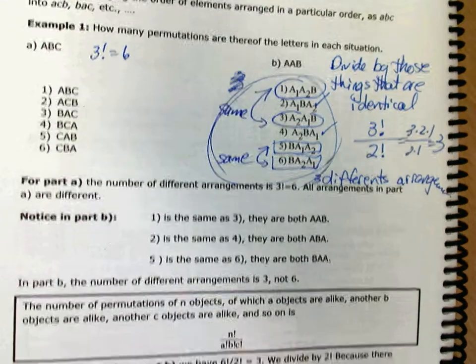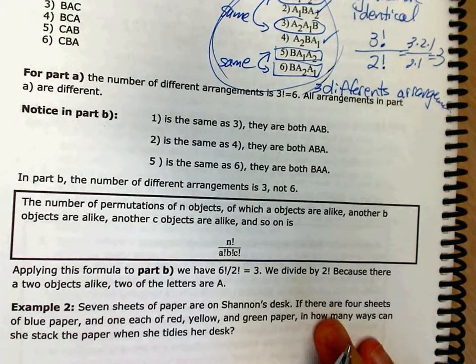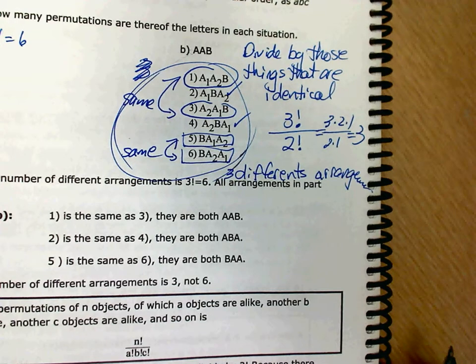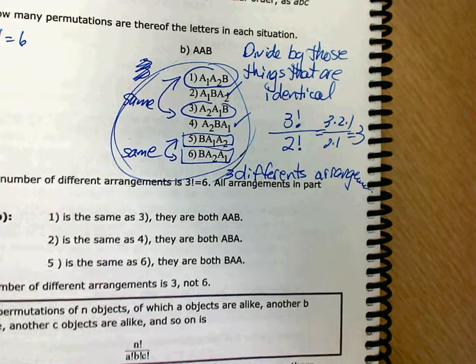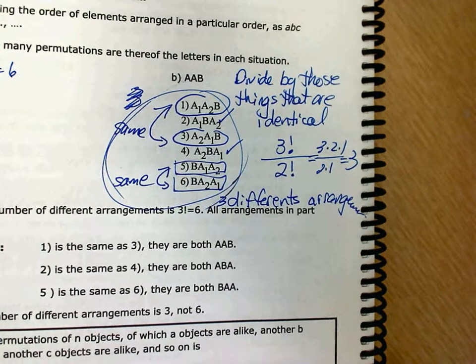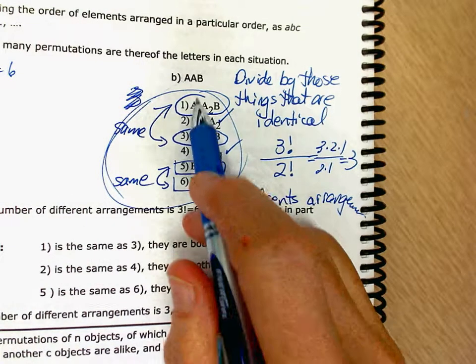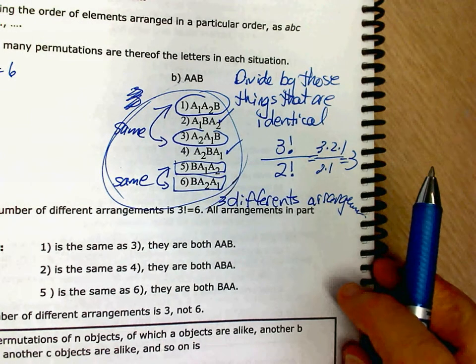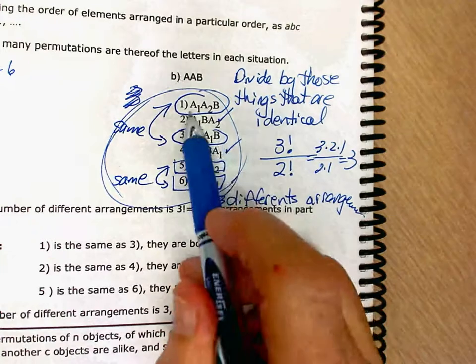Okay? When 2 arrangements are the same, we don't count them. Yeah, right? So AAB is identical to AAB.